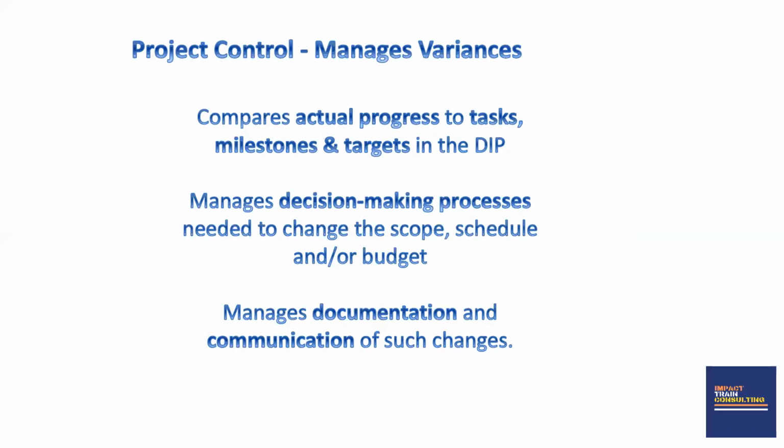It helps you to compare the actual progress to tasks in the detailed implementation plan. It helps you to manage decision-making processes needed to change the scope, schedule, and or budget. And project control processes help you to manage documentation and communication of such changes when they need to be made.